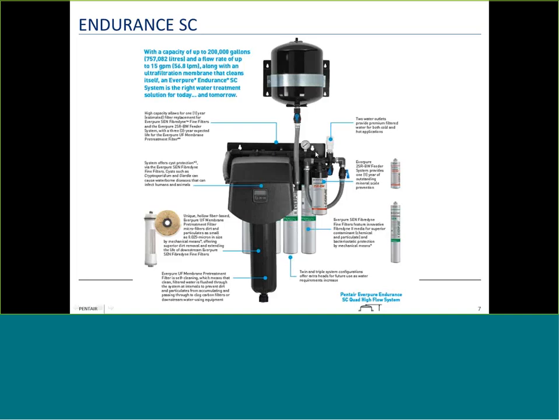Ultraviolet technology, or UV, is used when there is a concern about virus, bacteria, or other microbiological contaminants in the water supply. What is it? Well, it's a disinfection technology, and that is different than a sanitation technology.